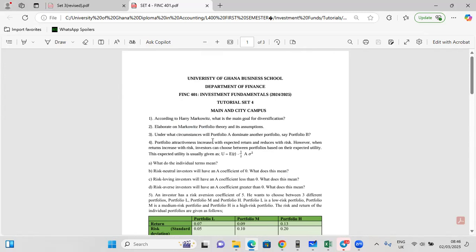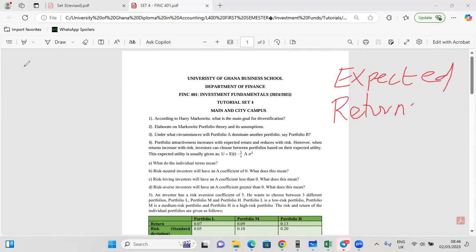Some of the key assumptions under his theory is the expected returns. Right? So the expected returns of a portfolio is the weighted average of the expected returns of the individual assets.